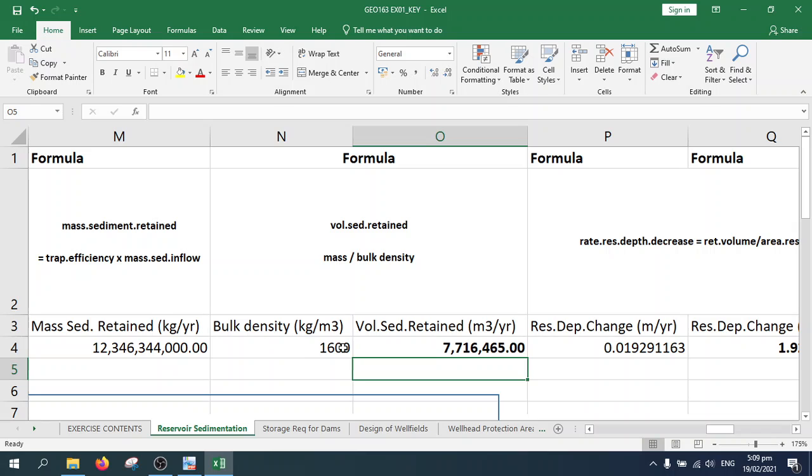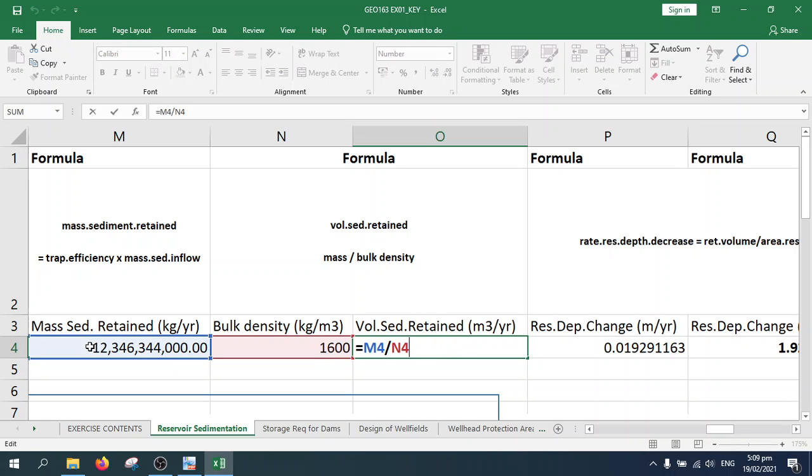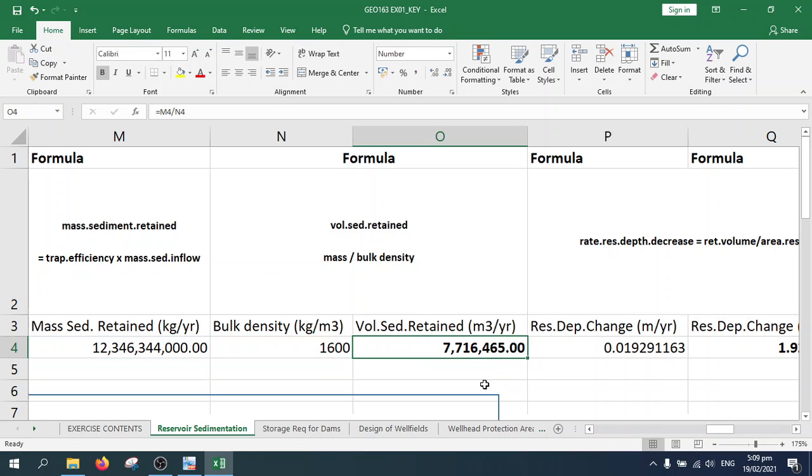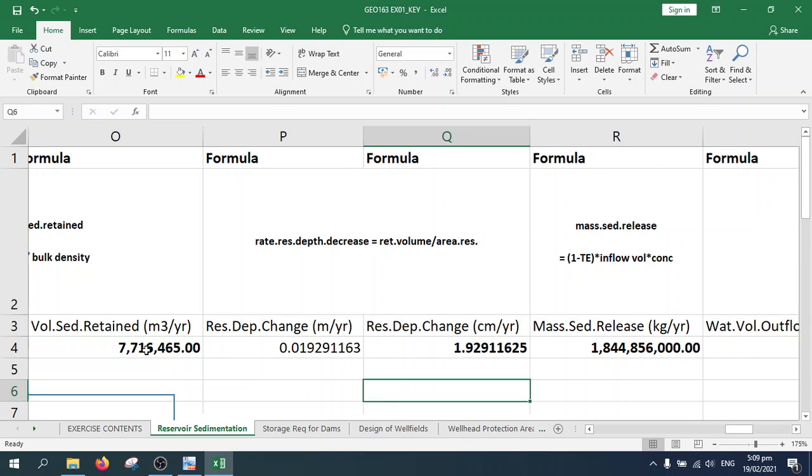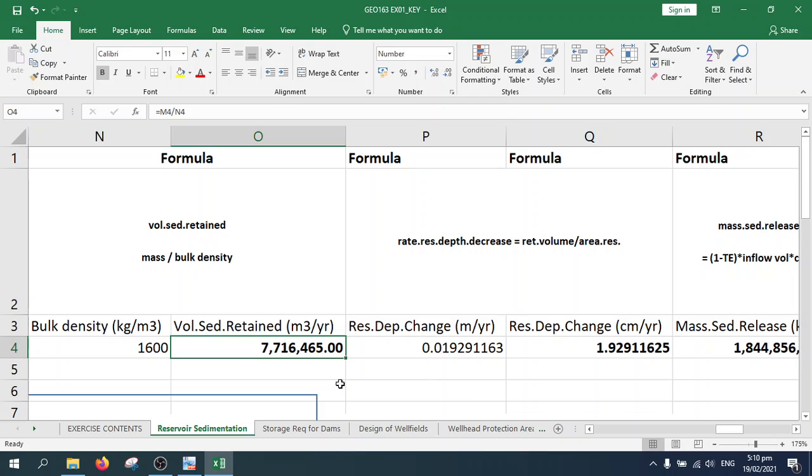So we just take the mass and divide it by the bulk density, which is 1,600 kilograms per cubic meter, and we get a number of 7.7 million cubic meters per year of sediment. So that's how much sediment you're getting per year in the dam.